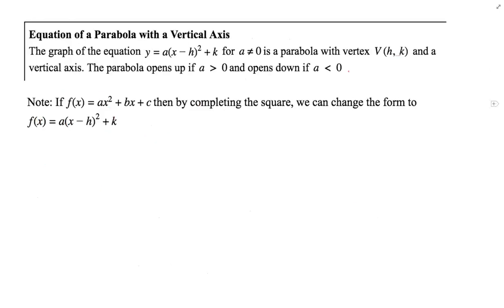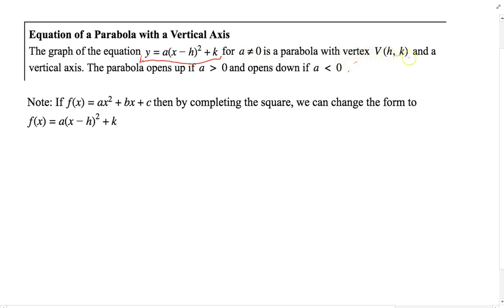Now let us look at another type of quadratic equation. This type of equation includes the values of the vertex. Some books call it the vertex form. This form is y = a(x - h)² + k, where a is not equal to 0.